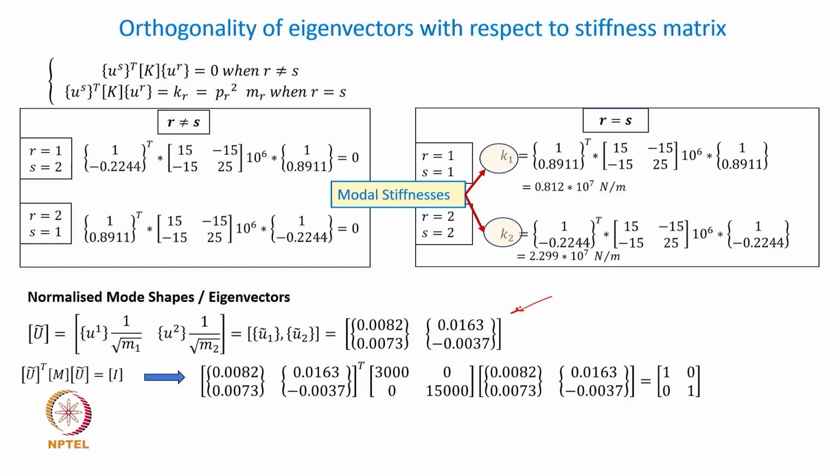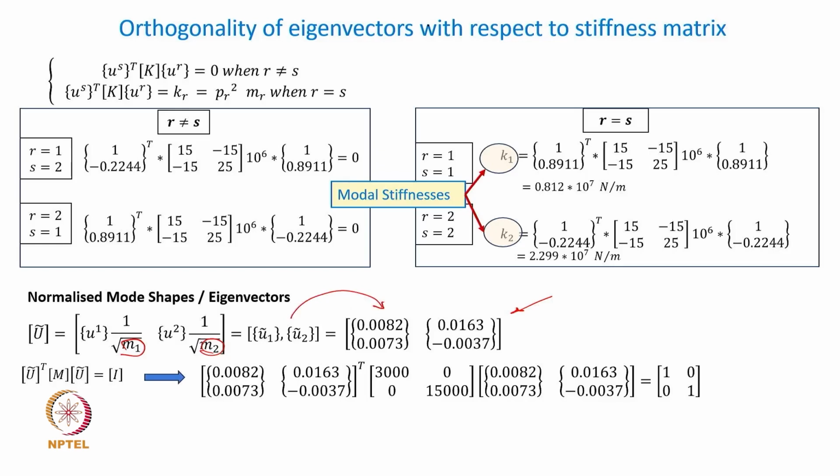That means the modal matrix comprising mass normalized modal vectors. When you divide by the square root of the first and second generalized masses in the respective eigenvectors, you transform the earlier vectors into mass normalized eigenvectors.